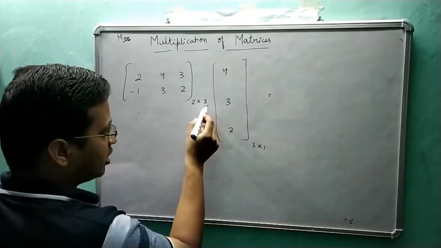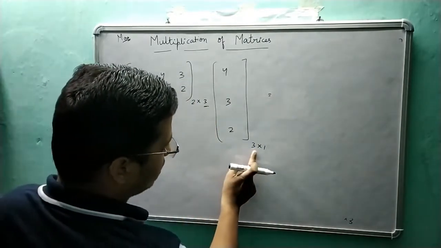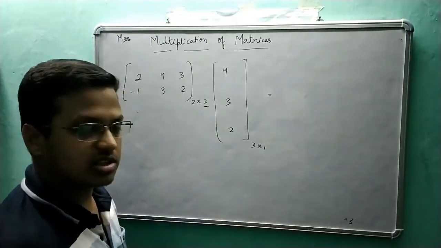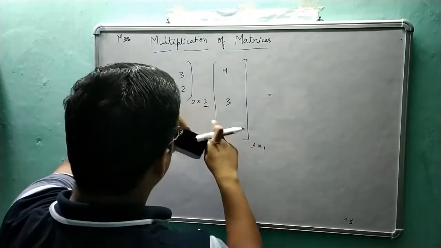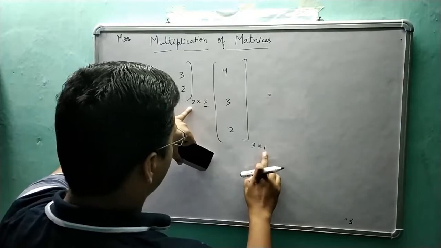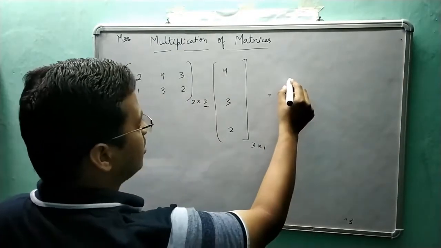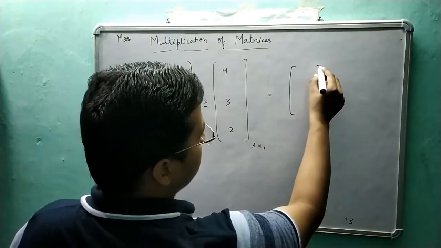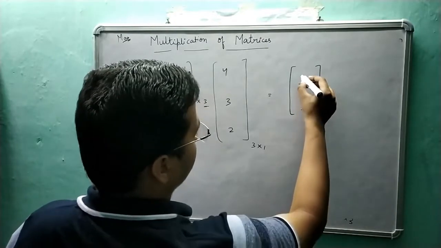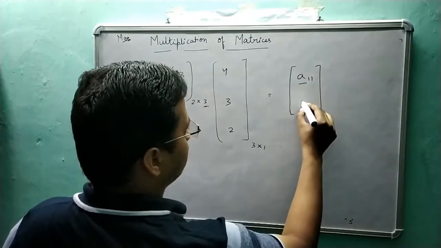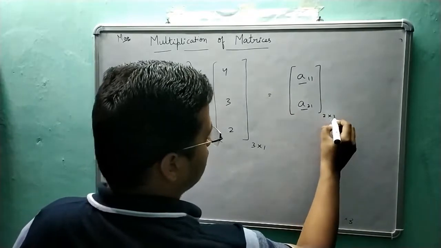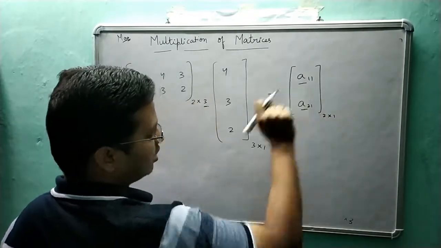As you can see, number of columns of first matrix is equal to number of rows of second. So multiplication is possible. And on multiplying these two, we will get a matrix of order 2 cross 1. That means 2 rows and 1 column. So this element will be A11, this will be A21.